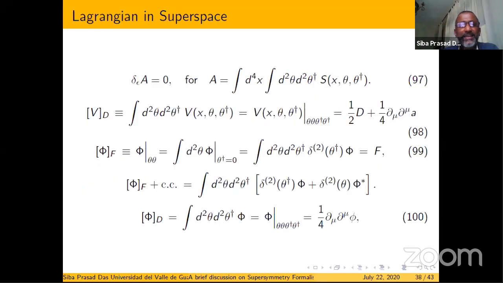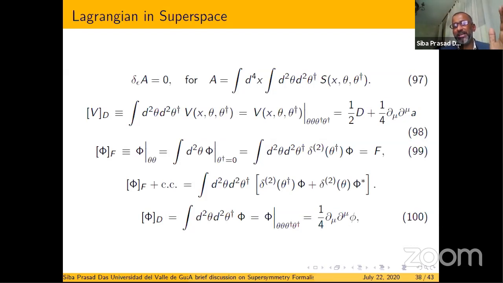So I think now only the construction of the superspace Lagrangian remains. I also have to recap some more stuff, but I think this is not difficult now. You project out the D term, the Lagrangian density.